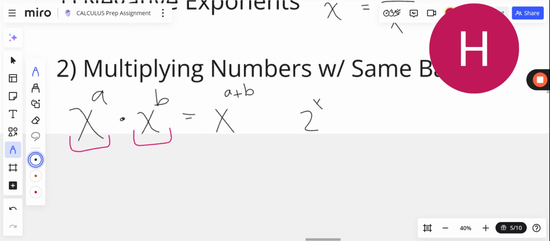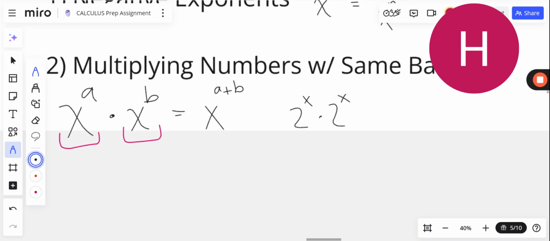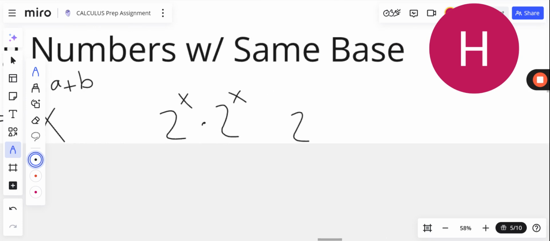Now, since this is 2 to the x times 2 to the x, we're going to have 2 to the x plus x, or in other words, 2 to the 2x.